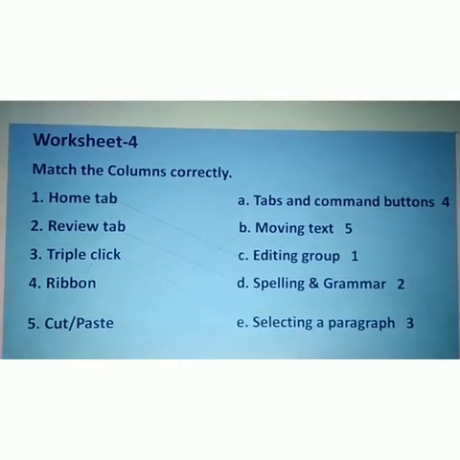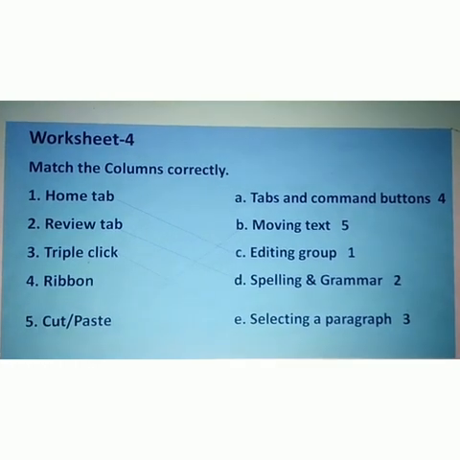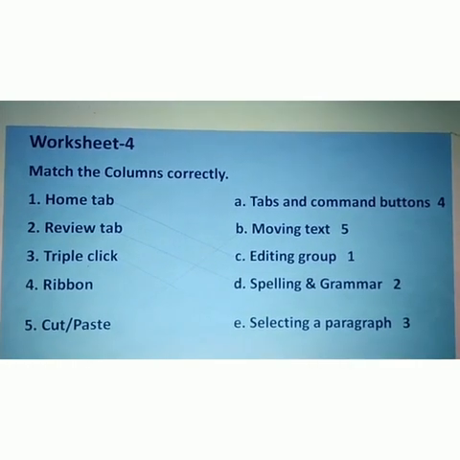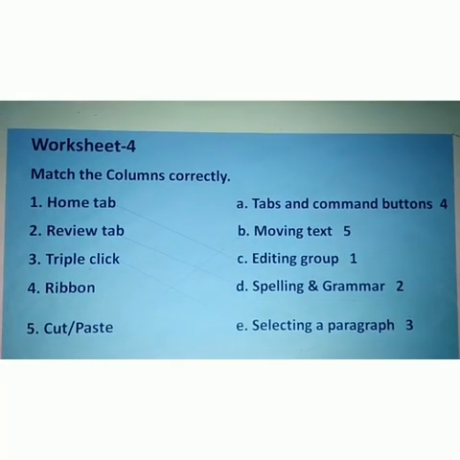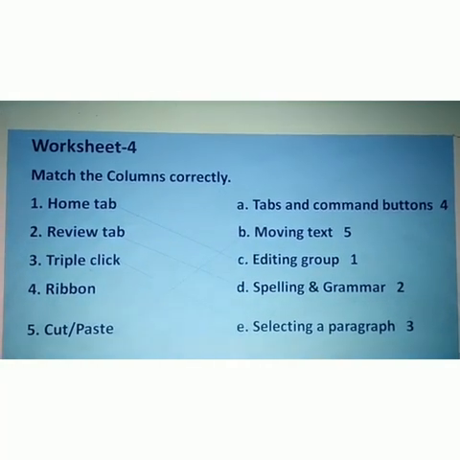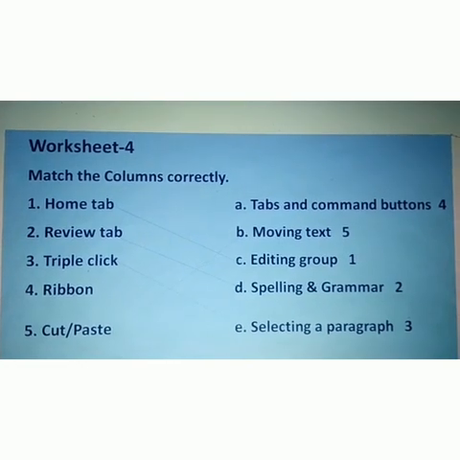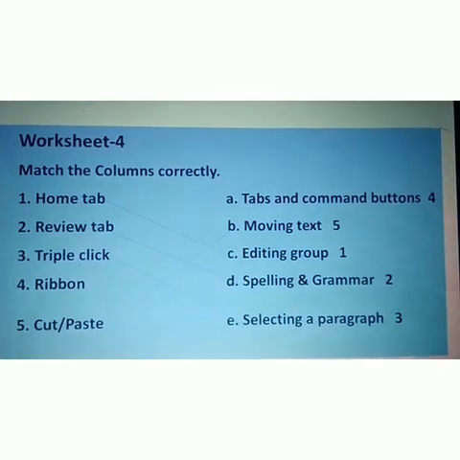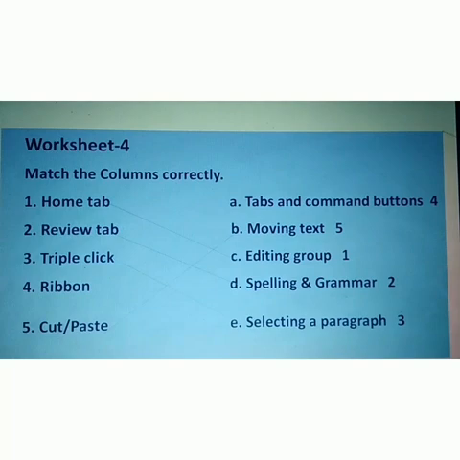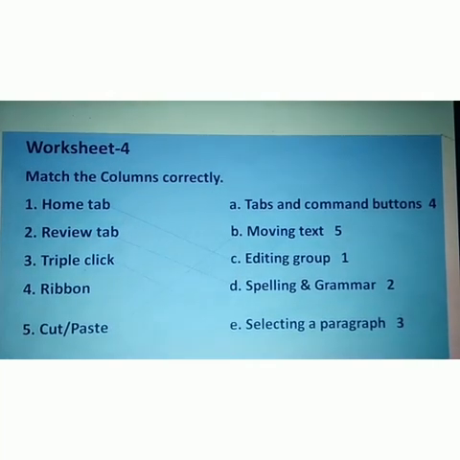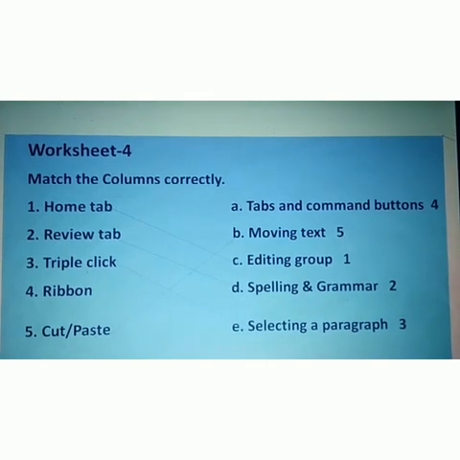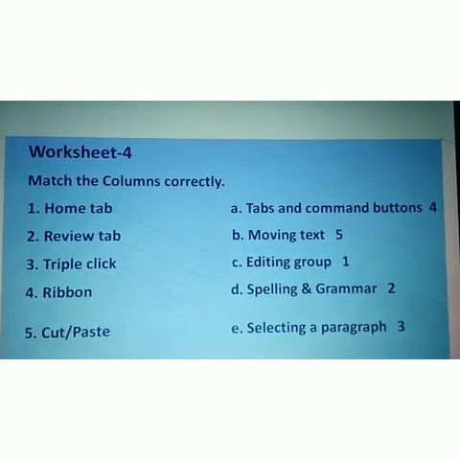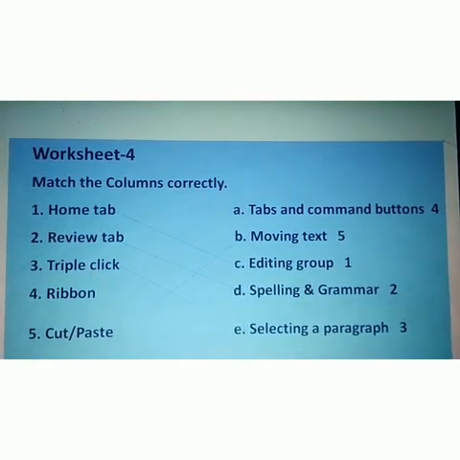Then next, Review tab. We will find the Review tab in spelling and grammar. The next, 3, triple click. Triple click is selecting a paragraph. Then next, fourth, ribbon. We find the ribbon in our tabs and command buttons. Then last, cut and paste, moving text. The answer is moving a text.